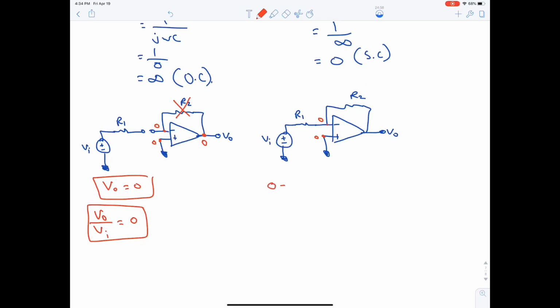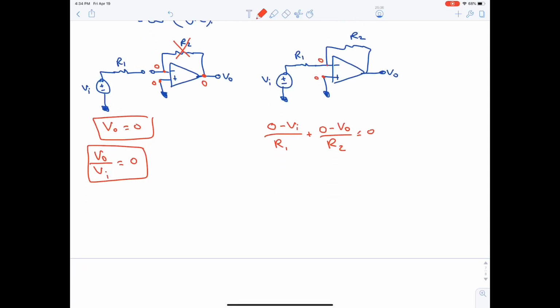So (0 minus Vi) divided by R1 plus (0 minus V output) divided by R2 equals 0. Moving terms, V output divided by V input is equal to minus R2 over R1. That's it. So this is the value.